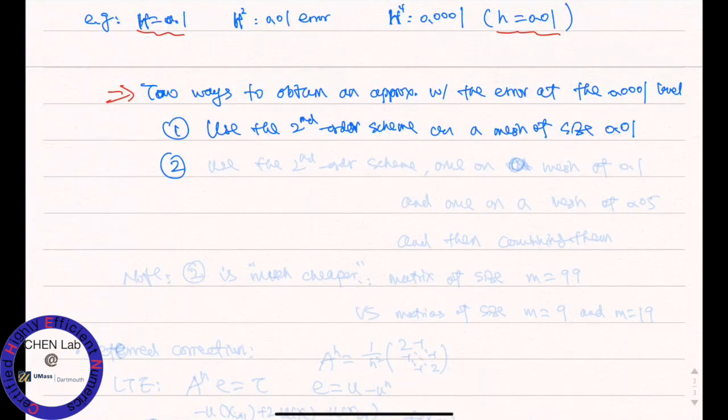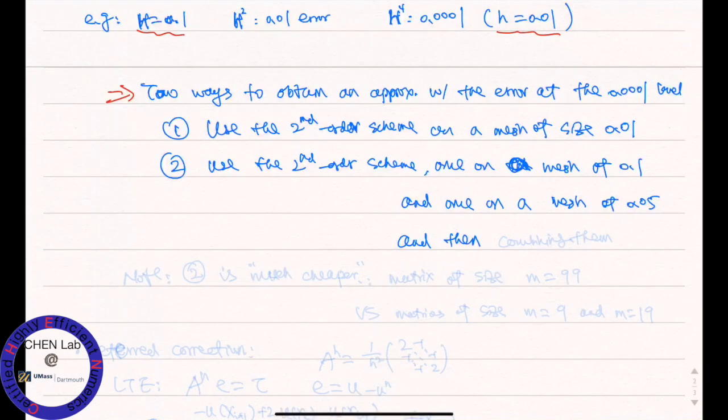Or you use the second order scheme once on a mesh of 0.1 and once on a mesh half of that, 0.05, and then combining them, you would also get an accuracy of 0.0001. And note, method 2 is much cheaper.